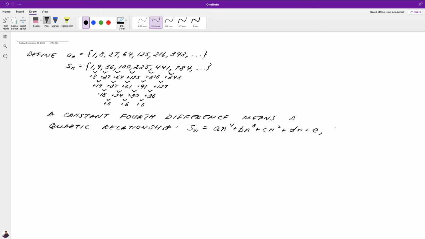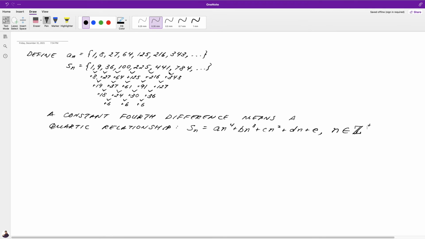Of course, let's not forget n is limited to being a positive natural number. Now, we have essentially 5 unknown variables: a, b, c, d, and e. n and s sub n will be replaced with the number of the partial sum and the partial sum respectively.